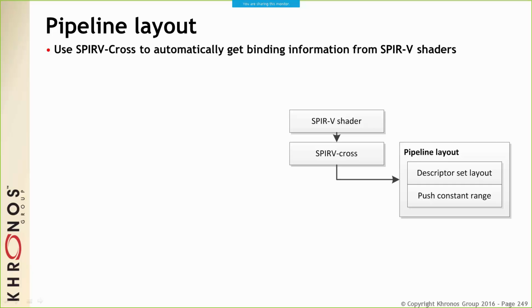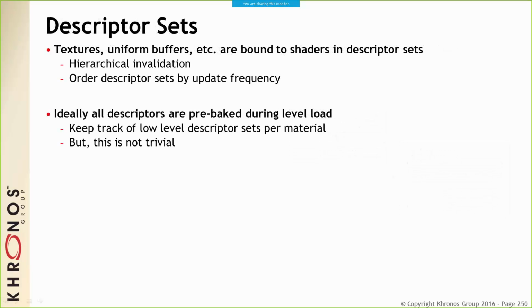Descriptor sets is also a thing that could be done better, in that ideally you would know all the things up front. You know all your materials, you would know everything. But in practice, that would make the API very tedious to use, because we'd have to, for every single object, try to bake everything. It gets very annoying, unless you redesign your engine completely from scratch to do this.